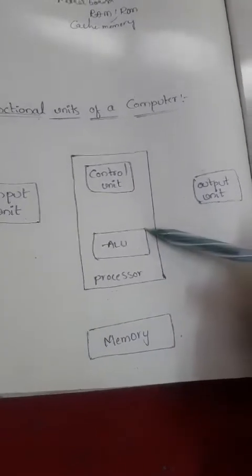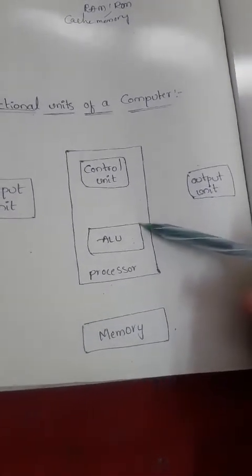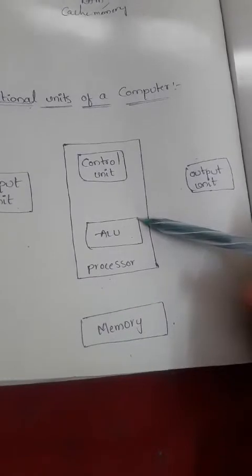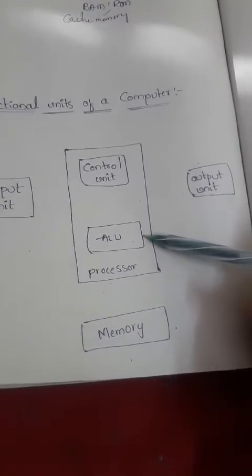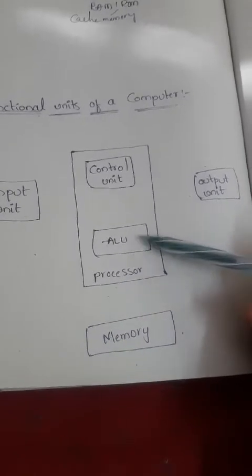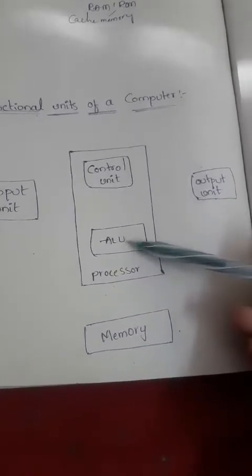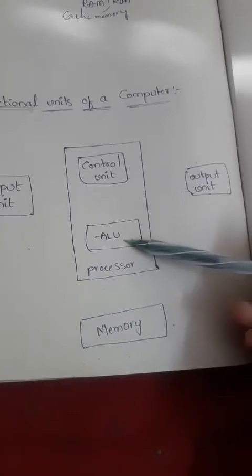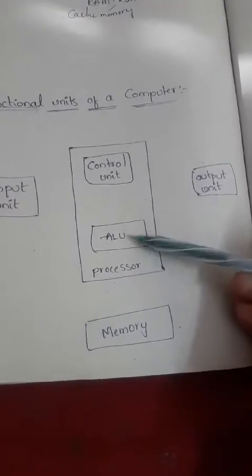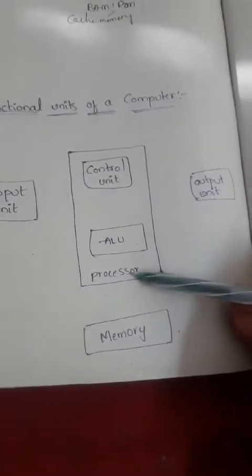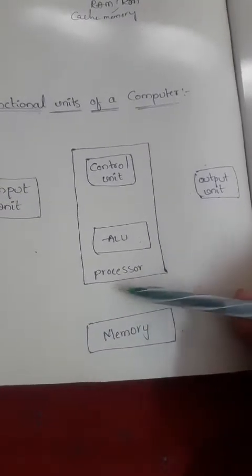Below this control unit we have one very important part of our computer, that is the ALU, the arithmetic logic unit. Control unit and ALU combined together we call the processor, or the CPU.